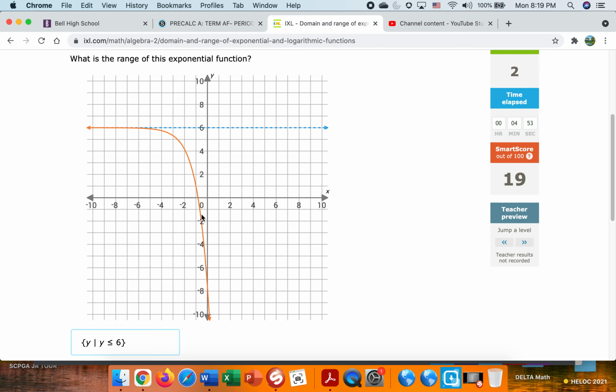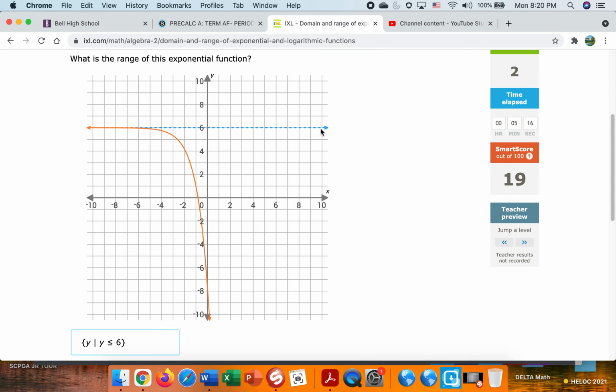It goes up to 1, 2, 3, 4, and 5. Does it ever get past 6? No. See, it curves out right here and then flattens out right there. It never goes past 6 on the y. It comes from negative infinity, but it never touches 6.